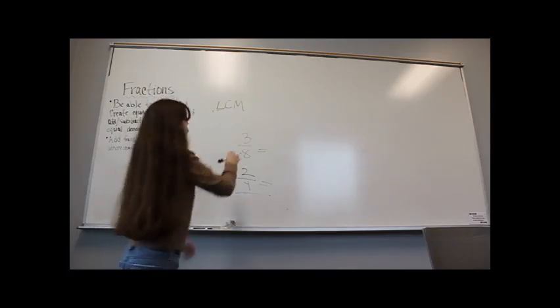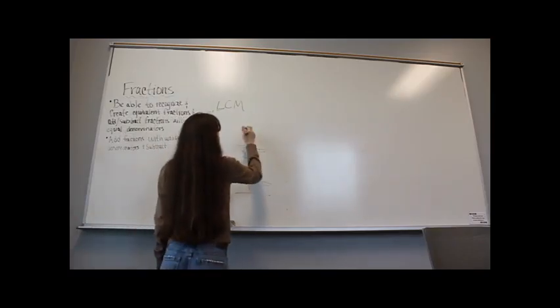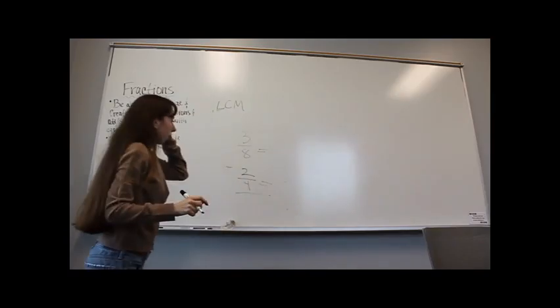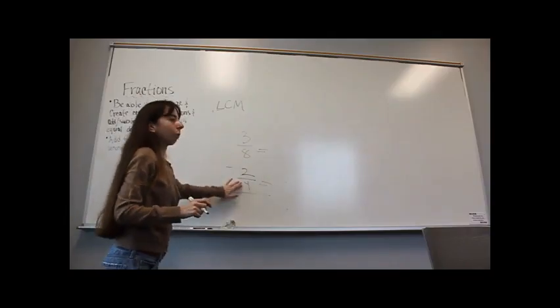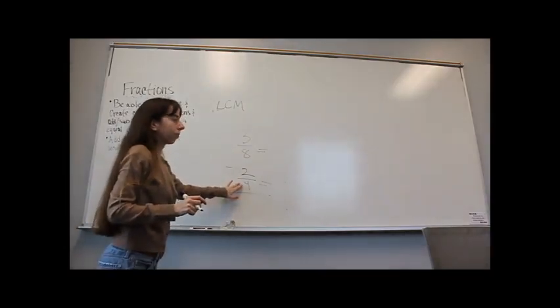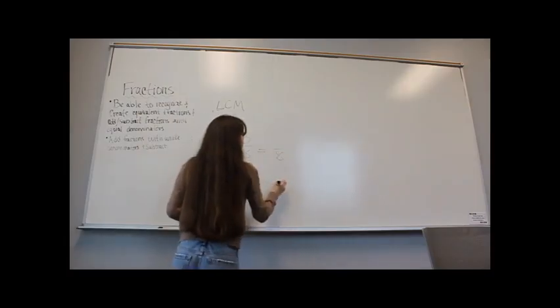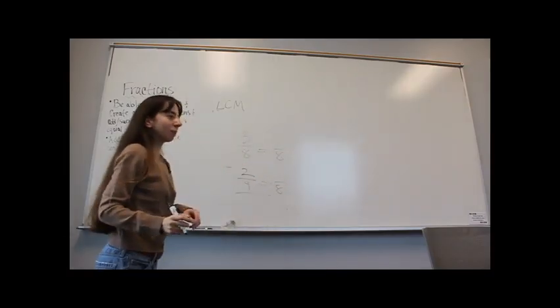Okay. Cool. Okay, so what's the least common multiple of 8 and 4? 8. Yes. So how do we get from 4 to 8? Multiply by 2.